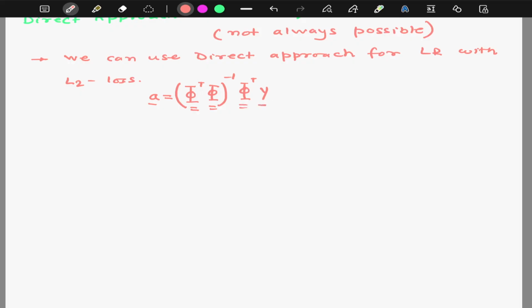This is a vector. Okay. You should derive it, but on your own. But yeah, this is a direct approach, an analytical solution that you get for linear regression with L2 loss. Okay.